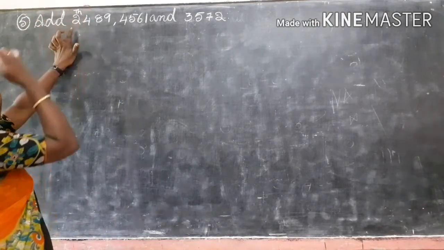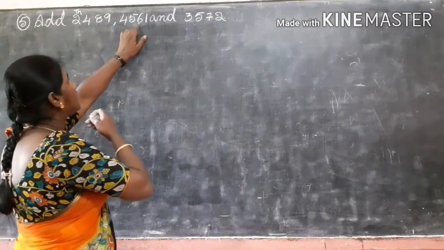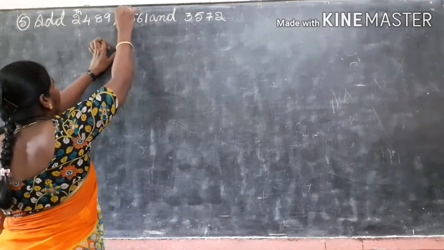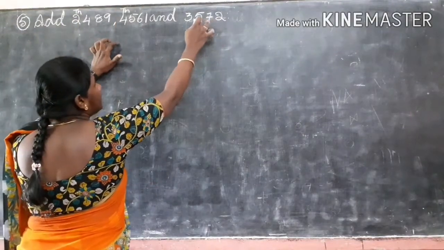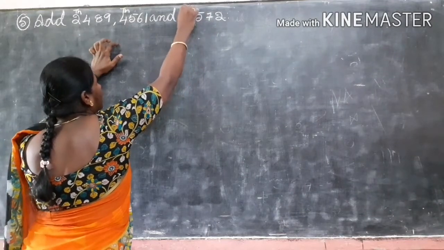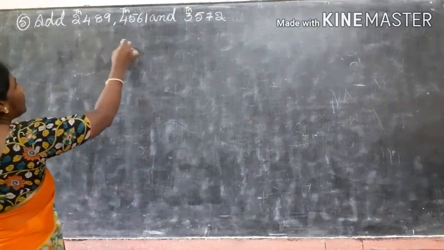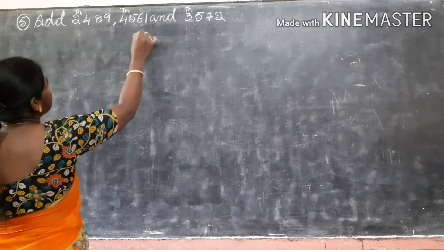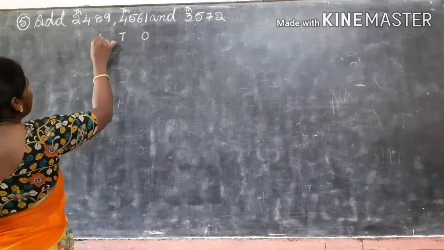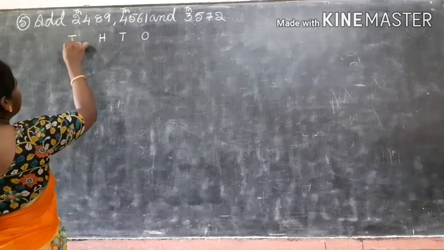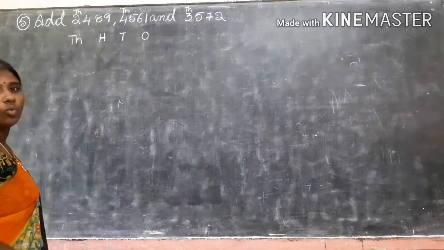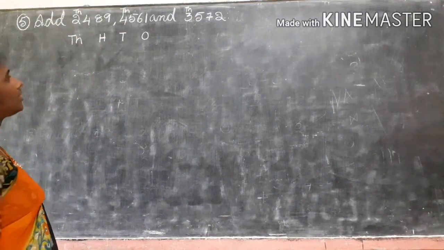There too we have to start. Ones, tens, hundreds, thousands. So we have to write the place values up to thousands. Ones, tens, hundreds, thousands.